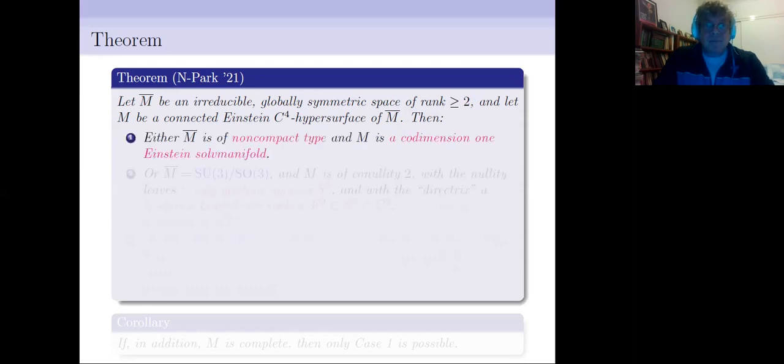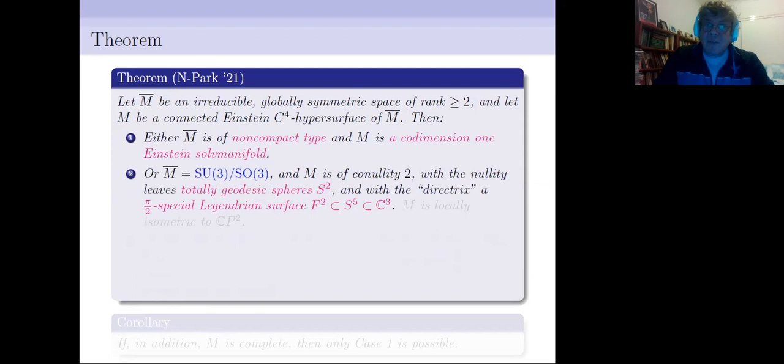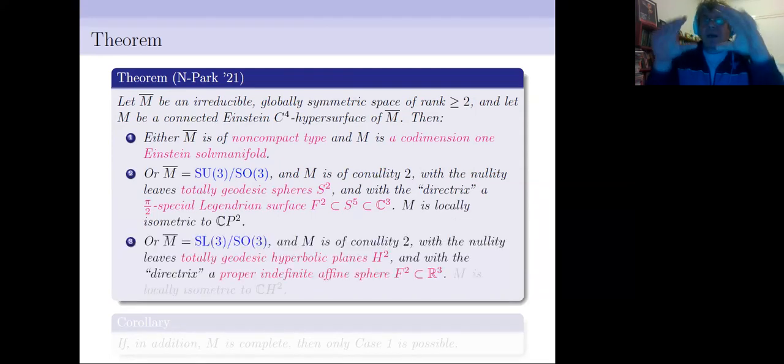Then 3 cases: either our ambient space is of non-compact type, and then M is a dimension 1 Einstein solvmanifold, or 2 other cases only exist when our ambient space has dimension 5. So you can treat them like just low dimensional cases.